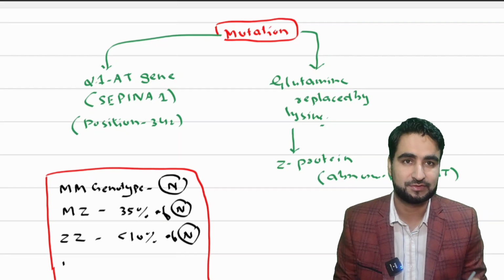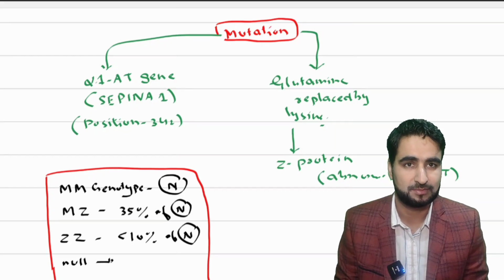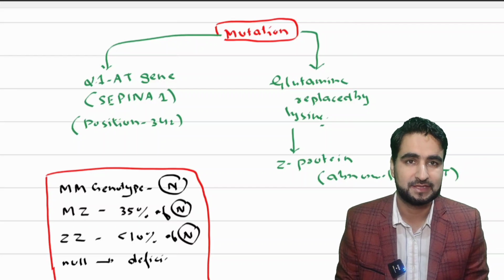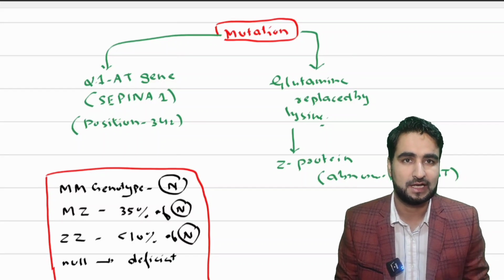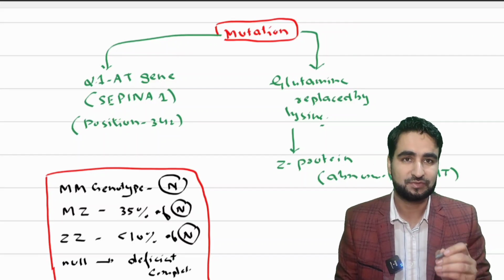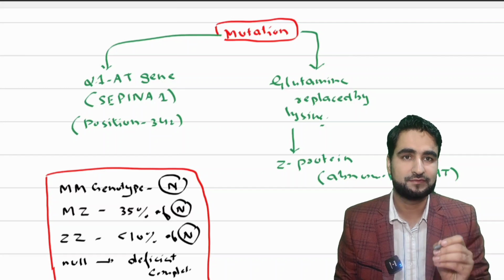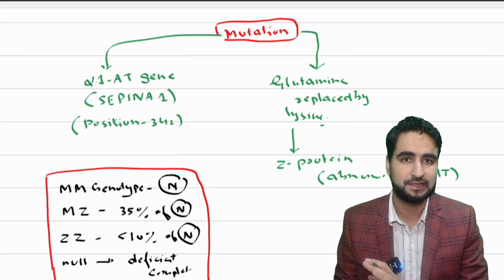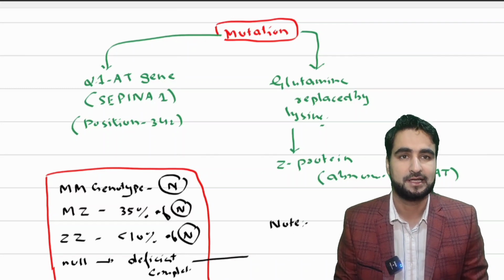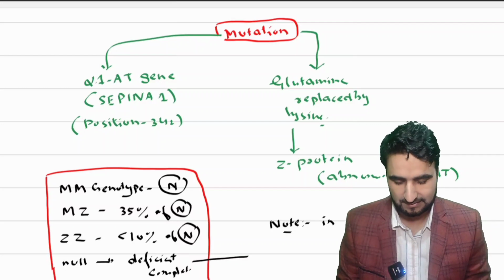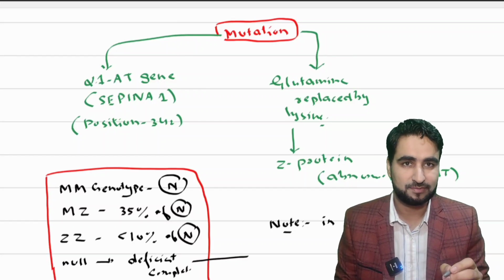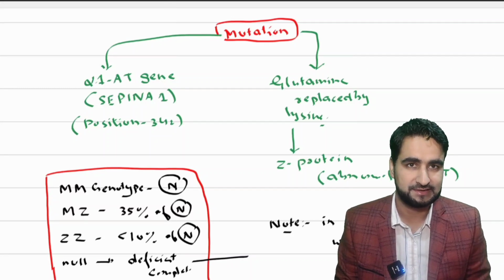In ZZ phenotype, there is less than 10% normal, while in null phenotype, there is no formation of alpha-1 antitrypsin. So that's why when there is not any formation of alpha-1 antitrypsin, liver involvement will not be there in null phenotype, because hepatic involvement is secondary to the abnormal or mutant alpha-1 antitrypsin.